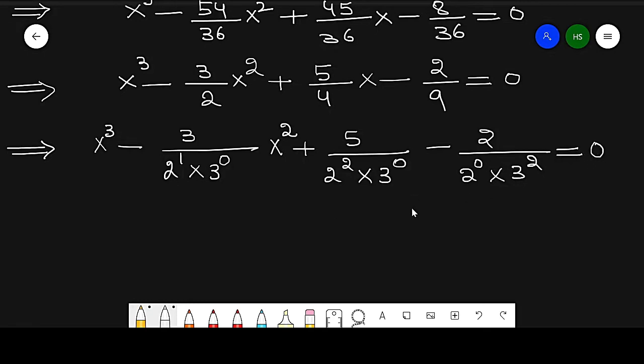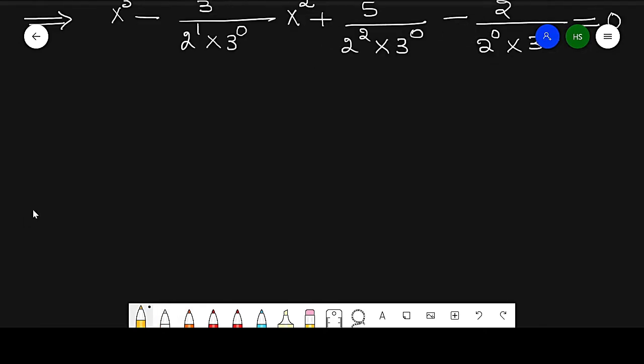This is my next step. Now to find the multiplier, suppose m is the multiplier.